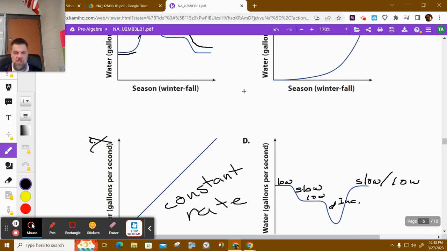And I probably should point out that on all of these graphs, this is the winter. About 1/4 of the way is the spring. About halfway through is summer.